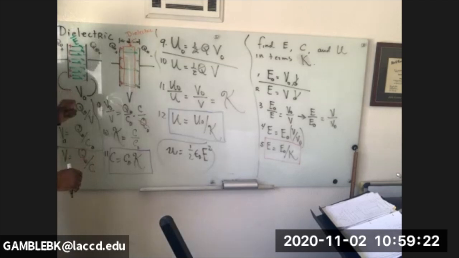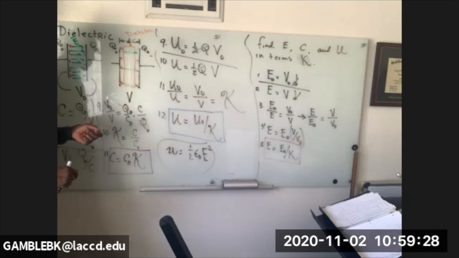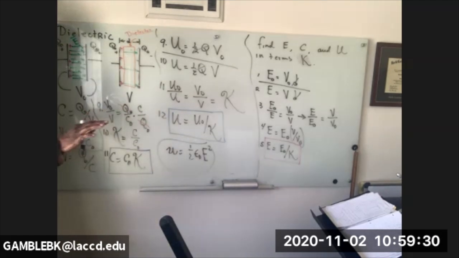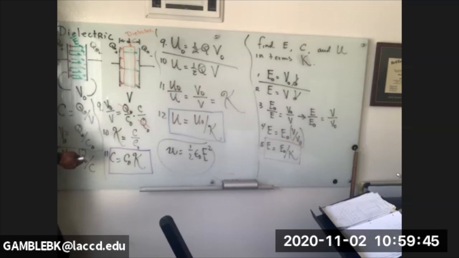But essentially, what it does is it makes a capacitor more able to store energy. So let's put it like this. Whenever I had this capacitor and put it in a circuit, it's going to charge to its maximum capacity, and the voltage will be the voltage of the battery.